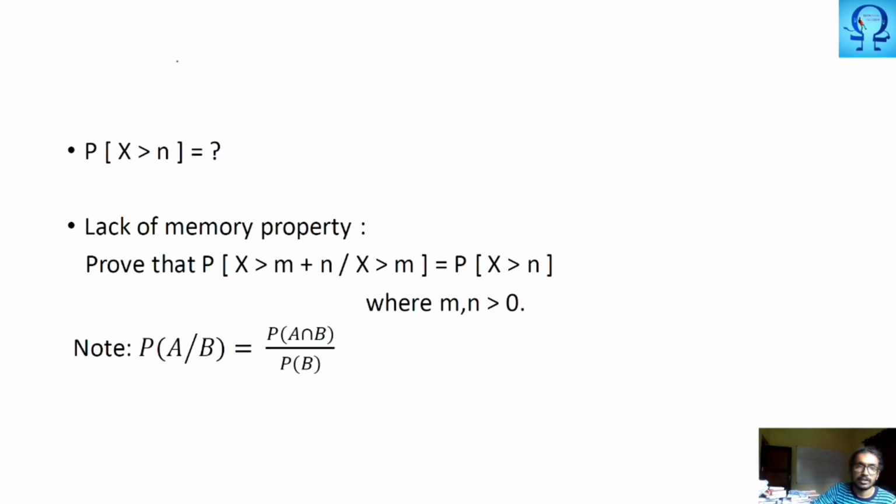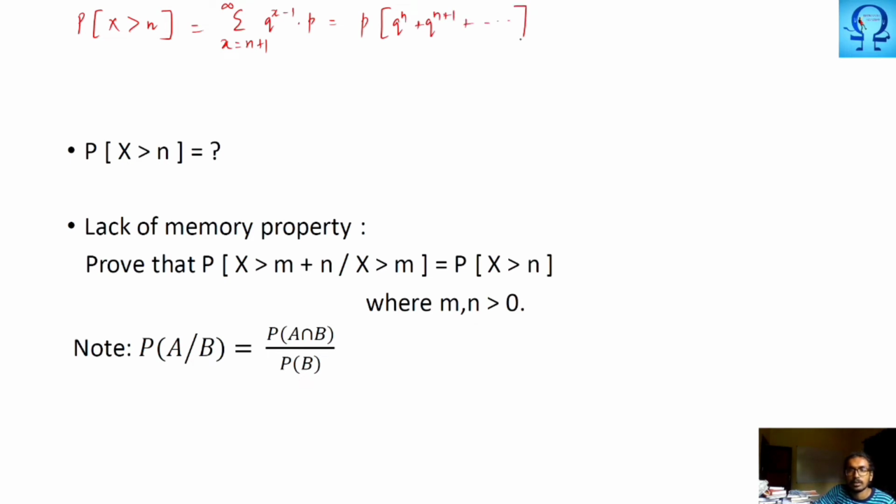Okay, moving further, here we are asked to find out probability of x greater than n, which means what? Summation x runs from n plus 1 to infinity q to the power x minus 1 product with p, isn't it? This p is independent of this thing, so when we substitute, it is q to the power n plus q to the power n plus 1, and it goes on.